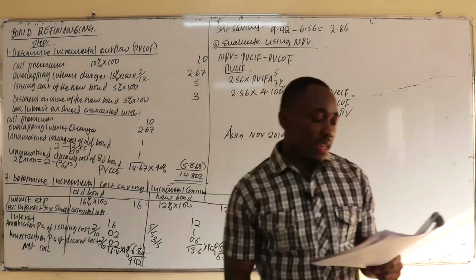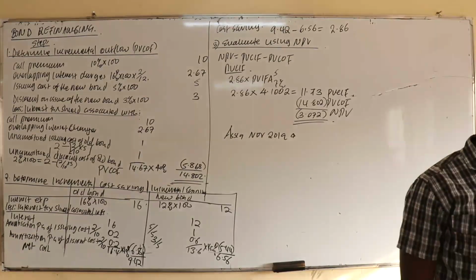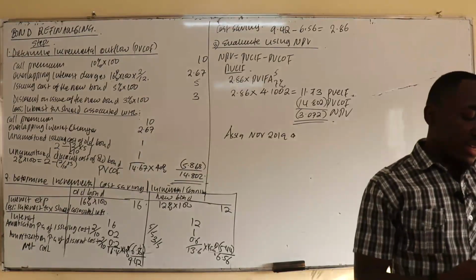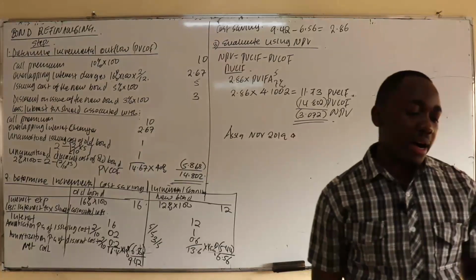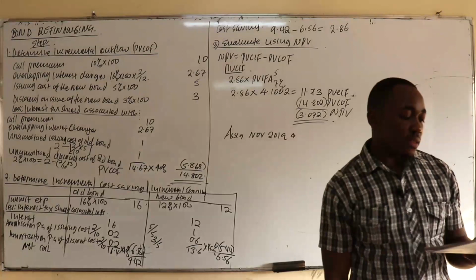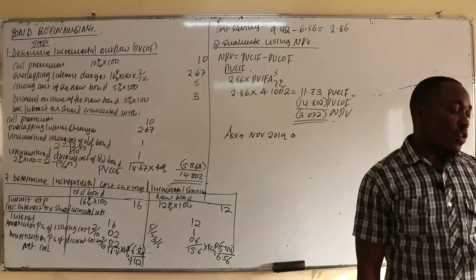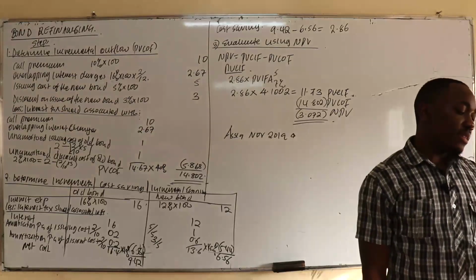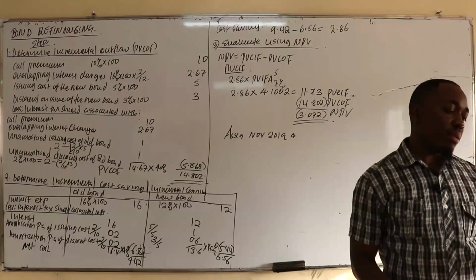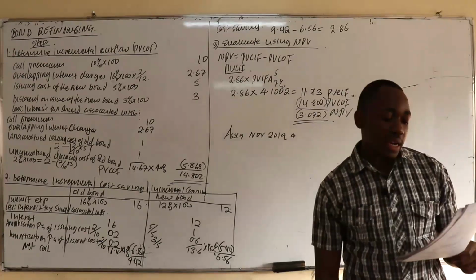Smooth Drive Limited, a motor vehicle assembling company, issued a 10-year, 16%, shillings 100 million par value bond 5 years ago. The bond was issued at 2% discount, and issuing cost amounted to 2 million. Due to the decline in the treasury bill rates in the recent past, interest rates in the money market have been falling, presenting a favorable opportunity for refinancing.